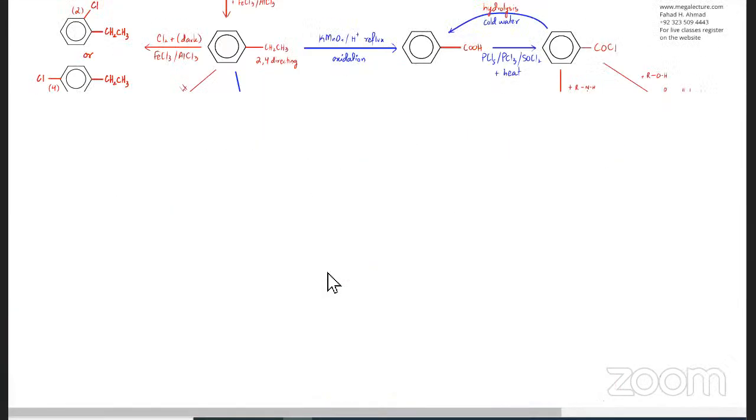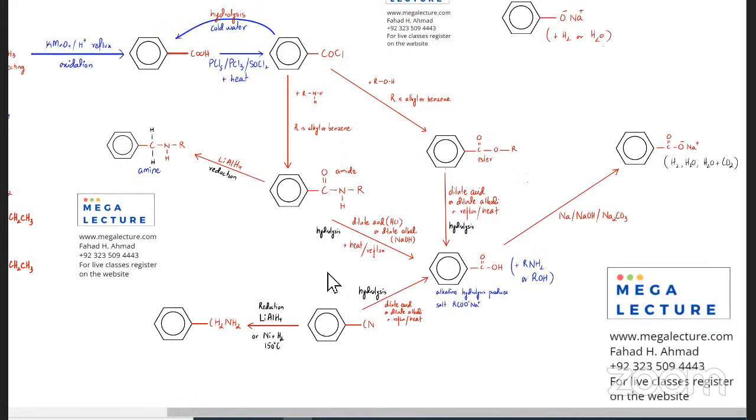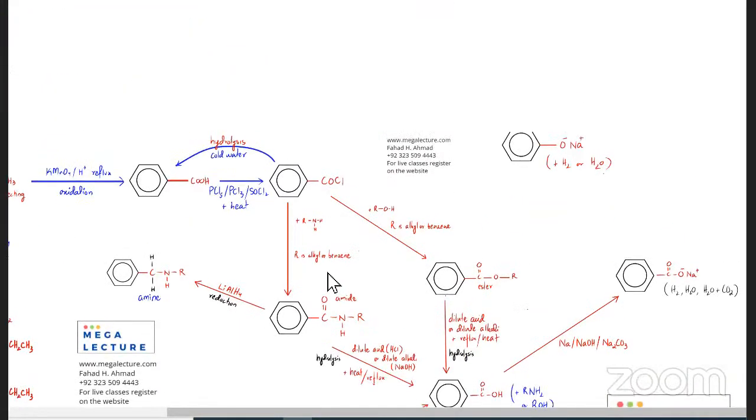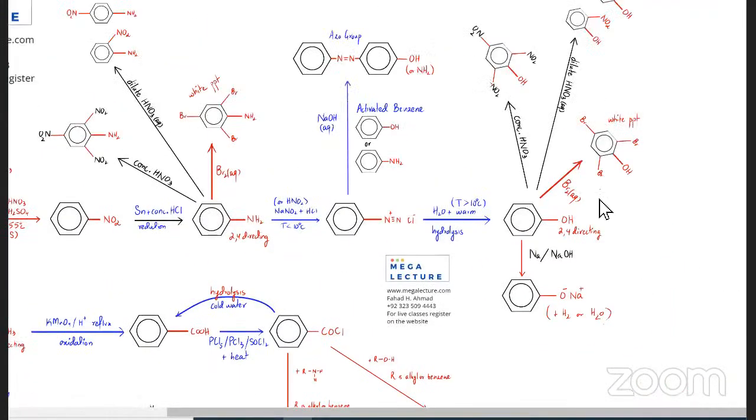Just remember, where's phenol? This one. Bromination happens with phenol, where the OH should be directly bonded to benzene, because the lone pair on the oxygen over here will mix with the benzene electron cloud, and the electron cloud would become more negative, and that is why it's going to attract electrophiles very, very strongly.